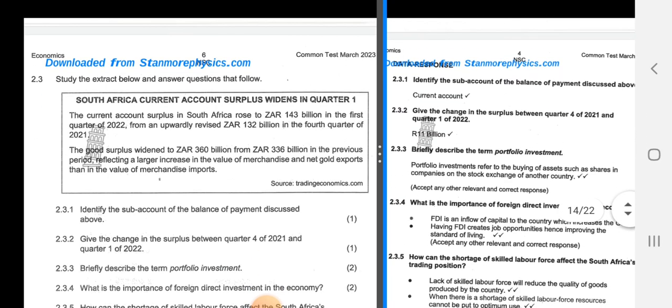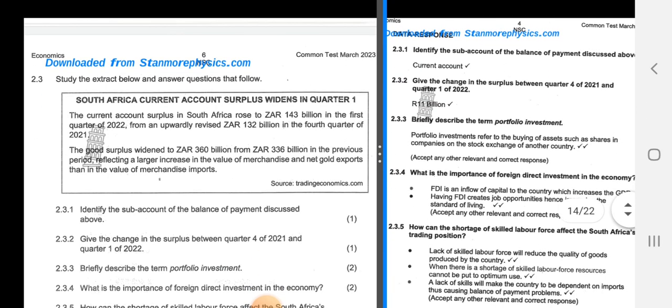And then going down, study the extract below and answer the questions that follow. South Africa current account surplus widens in quarter one. The current account surplus in South Africa rose to 143 billion in the first quarter of 2022 from an upward revised 132 billion in the fourth quarter of 2021.